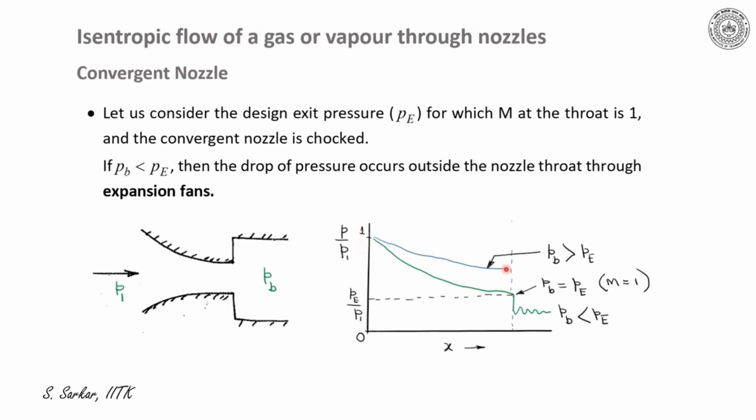Now, when the back pressure is less than PE, the pressure drop within the nozzle would be the same as when the back pressure is equal to PE, and the Mach number at the exit would be equal to 1. However, the pressure drop occurs outside the nozzle in this case through an expansion fan.